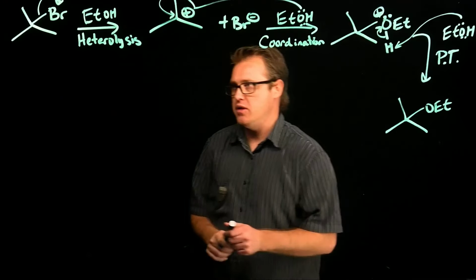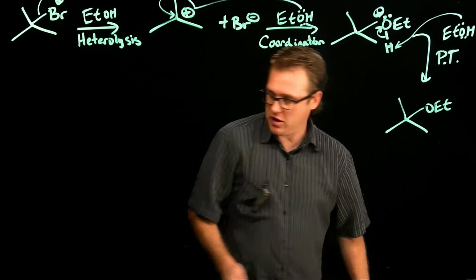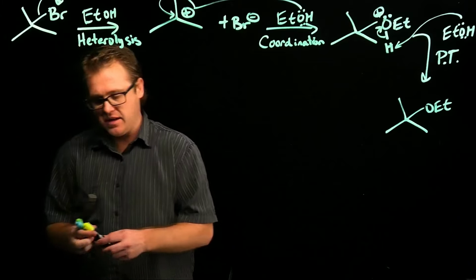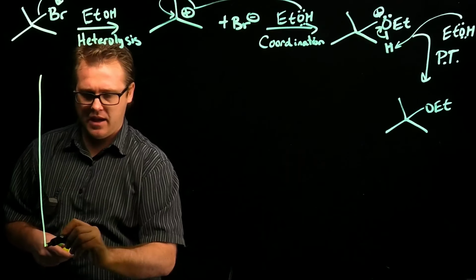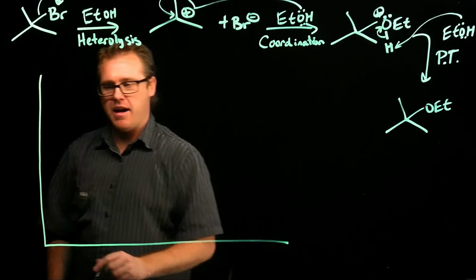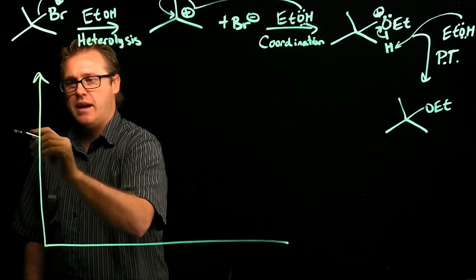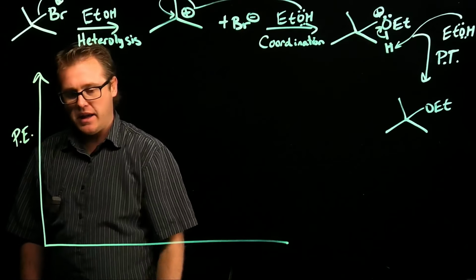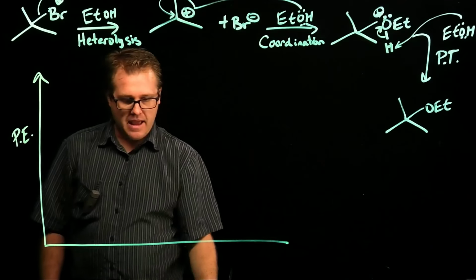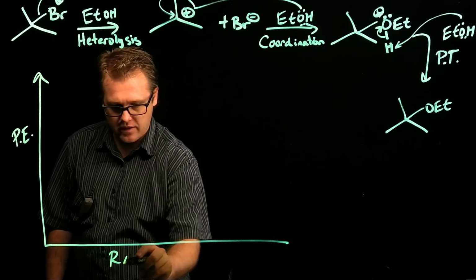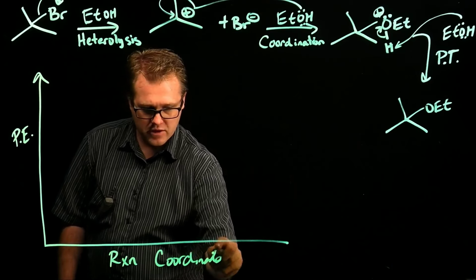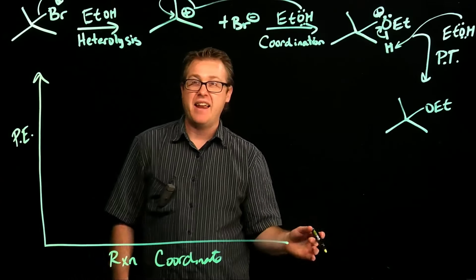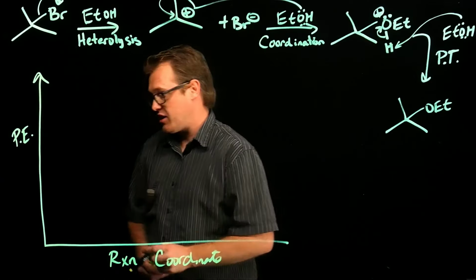So what we want to do is take a look at this energetically. So if we draw ourselves a diagram here, on the y-axis we have potential energy, and then the reaction coordinate. So we're going to track the energy of this reaction.